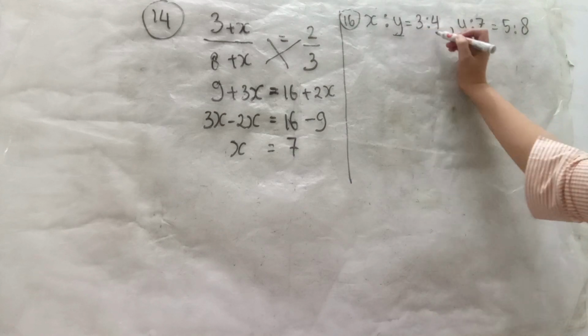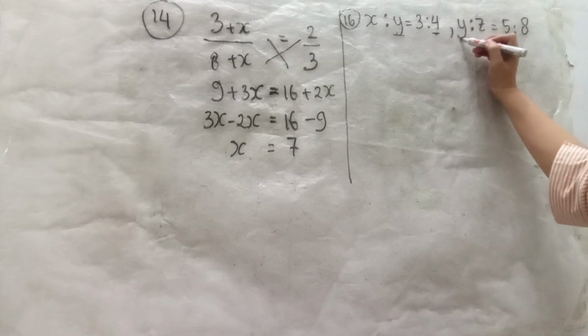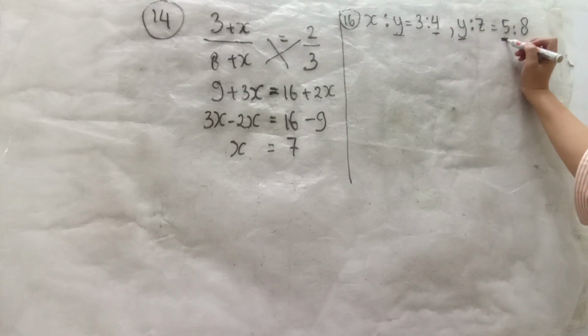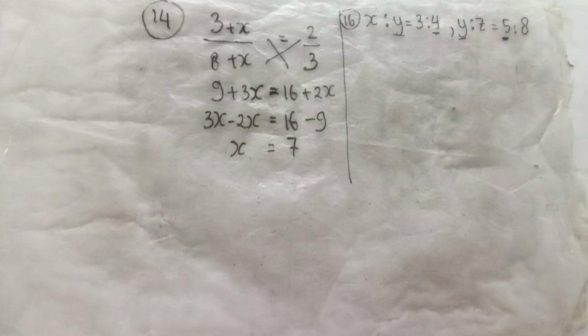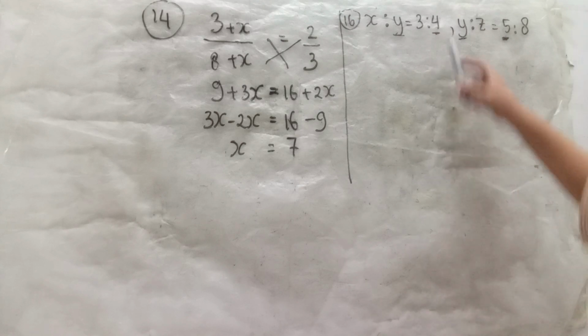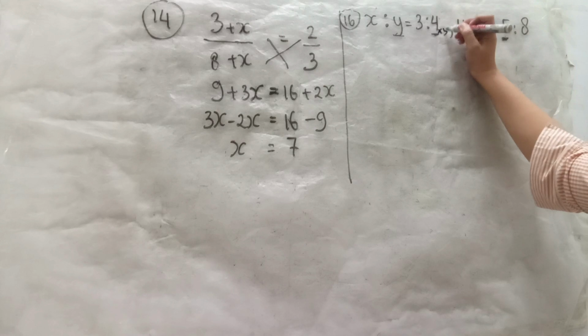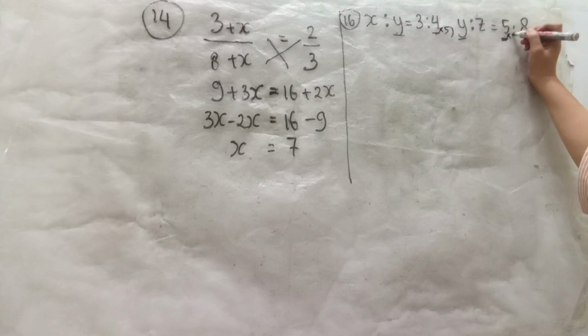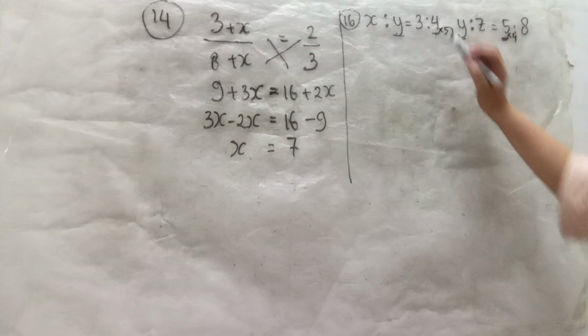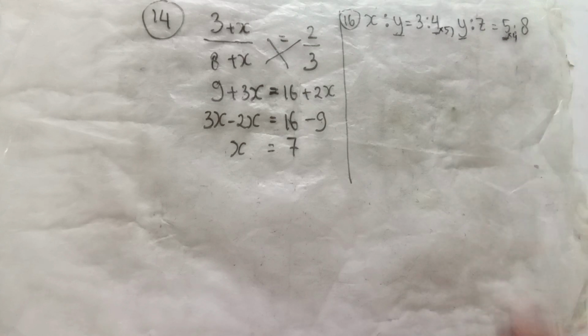Y here is 4, then y here is 5. How to make this the same? If you have 4 here and 5 here, you should times this part by 5, 4 times 5, 20, and 5 times 4, 20.